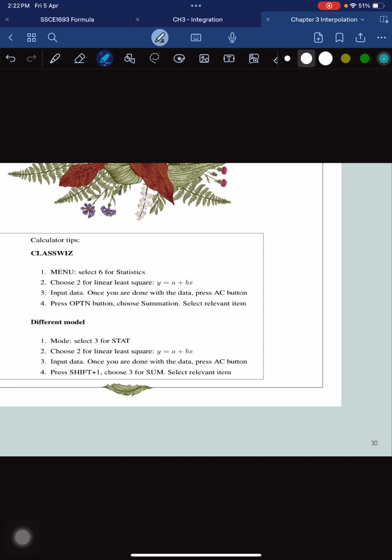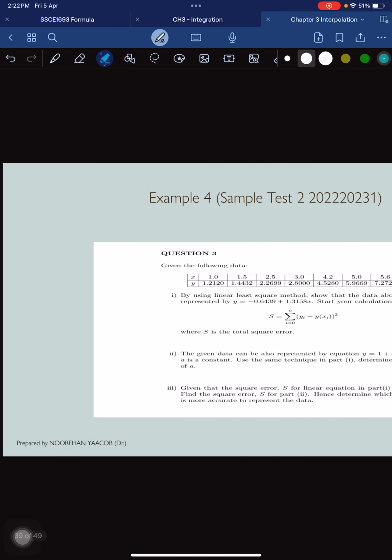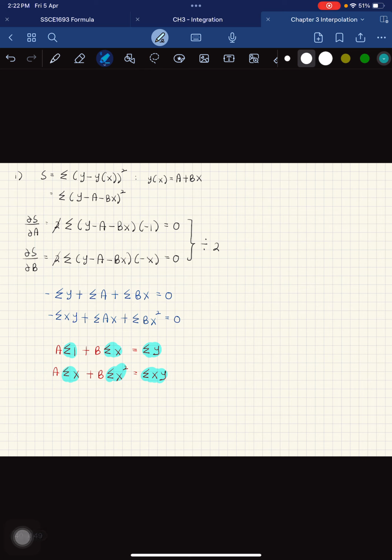Press AC and then option, and then you press the down arrow, and then you find summation 1. After that, because we want to find summation x, summation x on your calculator is number 1, so press 1 equal.